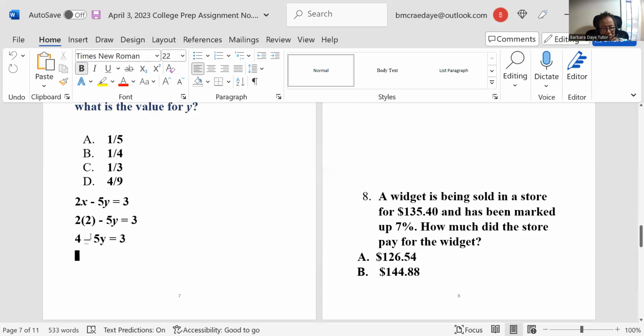Because if you want just minus 5y left, you've got to subtract 4. This is 4, not 4x. Okay, subtract 4 from both sides. So do that. What do you get?